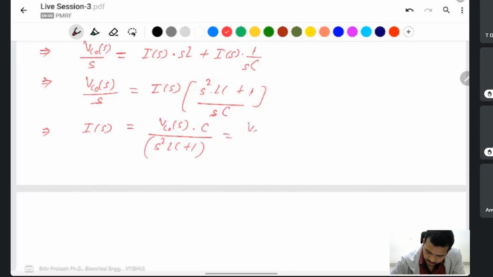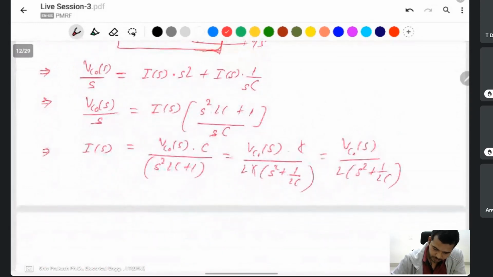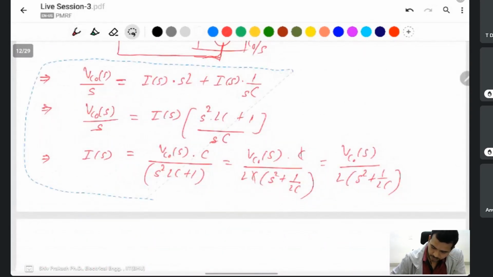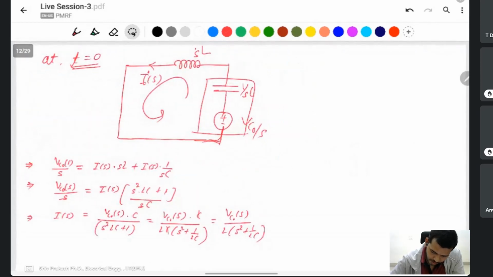Taking LC common, the LC cancels out, and we find I(s) equal to VC naught divided by L times s squared plus 1 over LC.